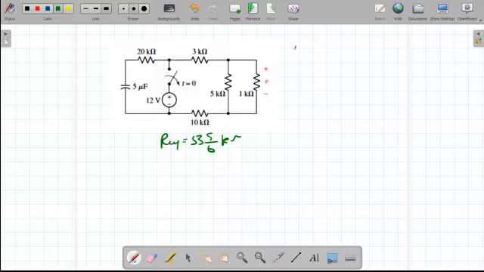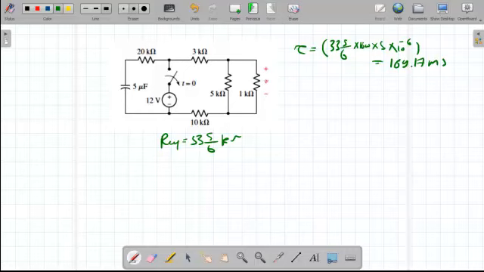So tau will equal 33 5 over 6k times 5, of course times 10 to the power minus 6. So the time constant becomes 169.17 millisecond.